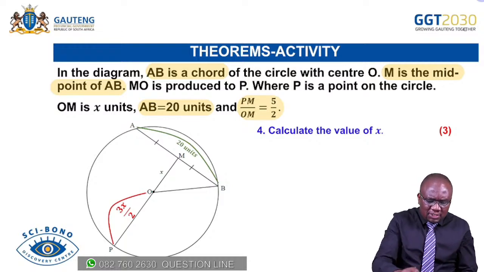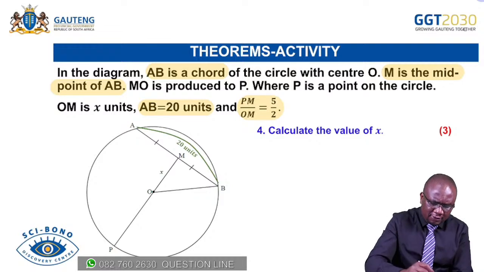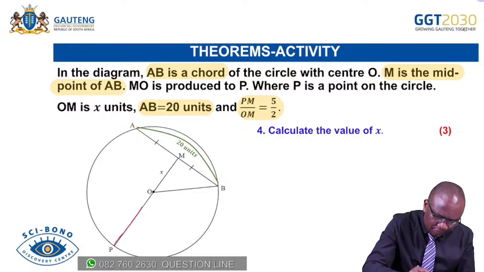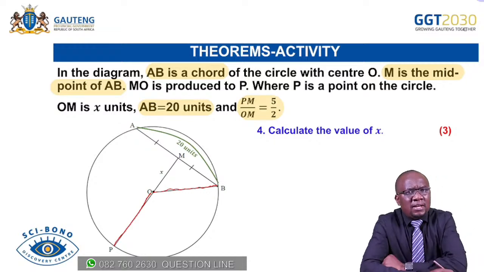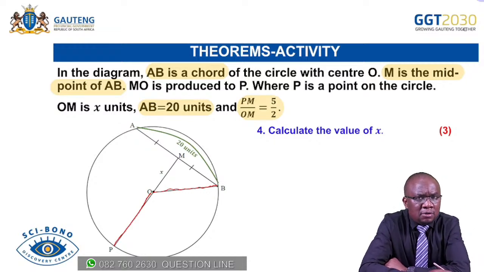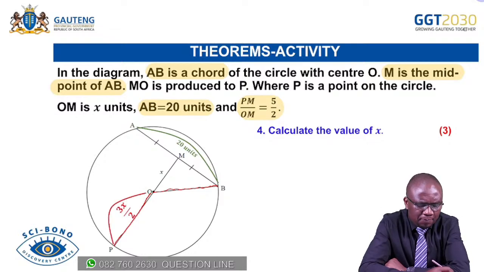Right, I want you to take note of the following. Let me try to move a bit fast. OP and OB are equal. Why are they equal? Because they are radii. So we got that OP is equal to 3x over 2.